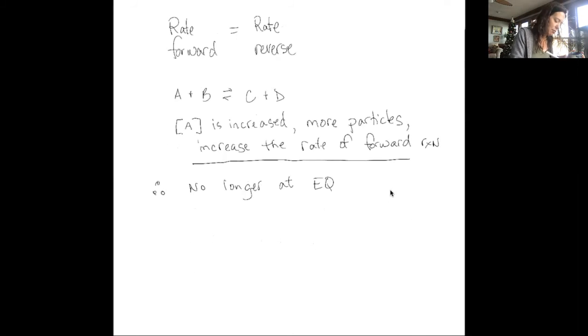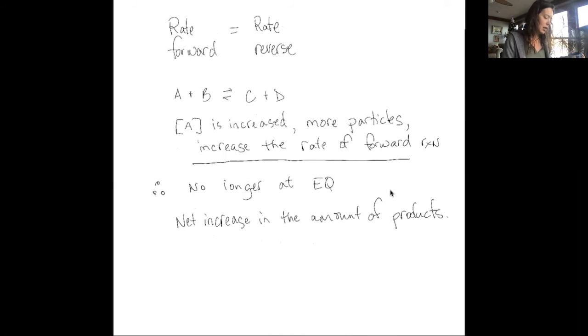What we'll see is a net increase in the amount of products. That makes sense to me. And that's what would happen if I increased either A or B, because both are reactants.